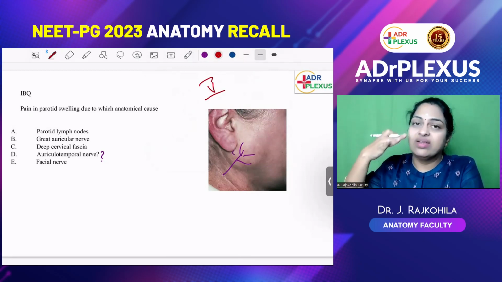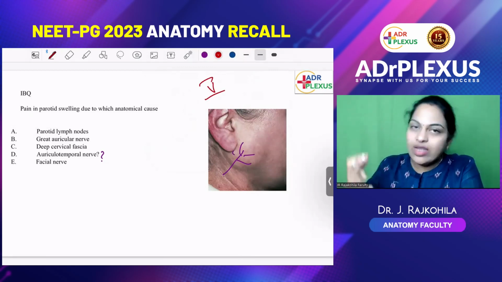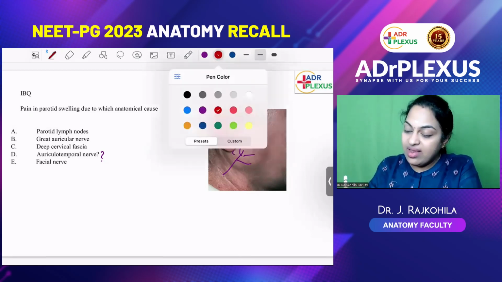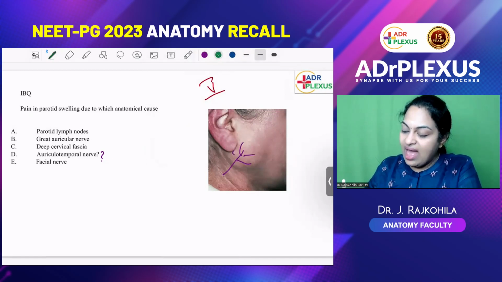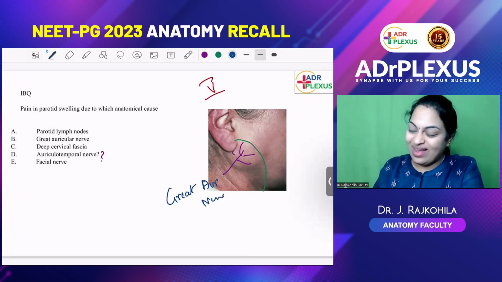Ophthalmic division, maxillary division, and mandibular division is going to innervate the skin over the face, except the area over the angle of the mandible and the skin over the parotid is going to be innervated by the great auricular nerve, right?